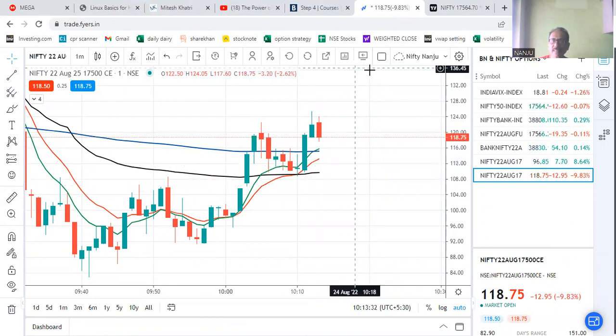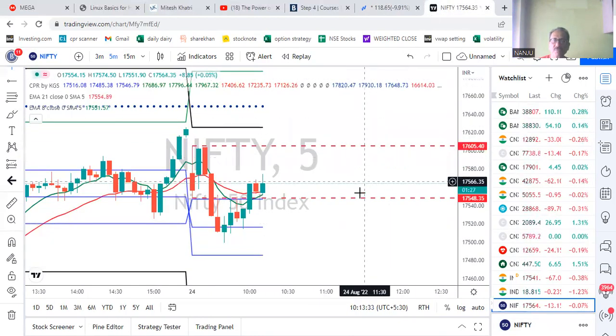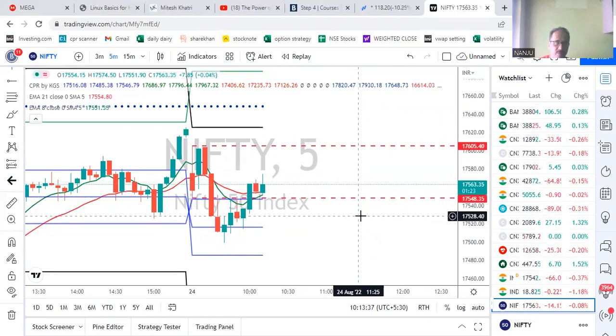And the third criteria, which I will see, is that the fast moving average should be above the slow moving average if I have to initiate a buy trade. I mean to say that the 8 exponential moving average should be above the 21 exponential moving average to initiate a buy trade. To initiate a sell trade, the 8 exponential moving average should be below.